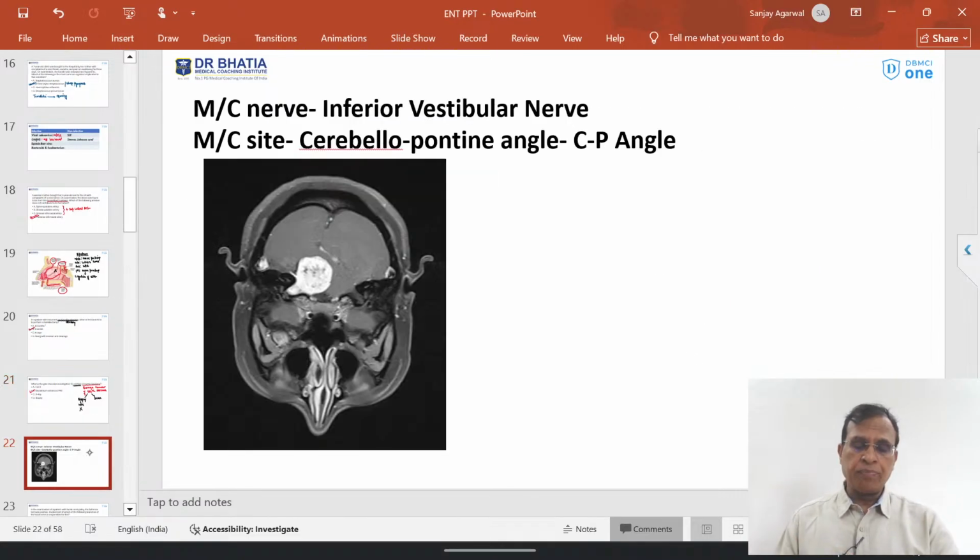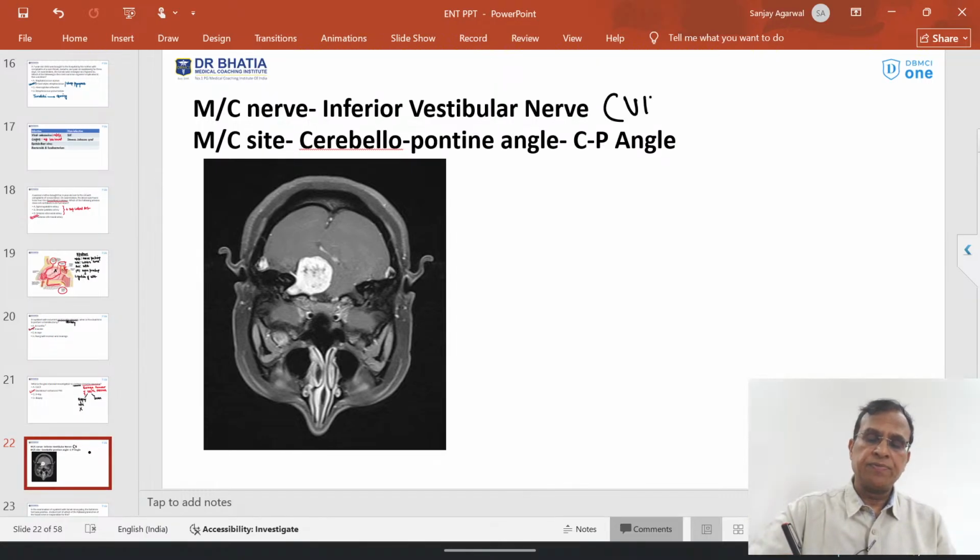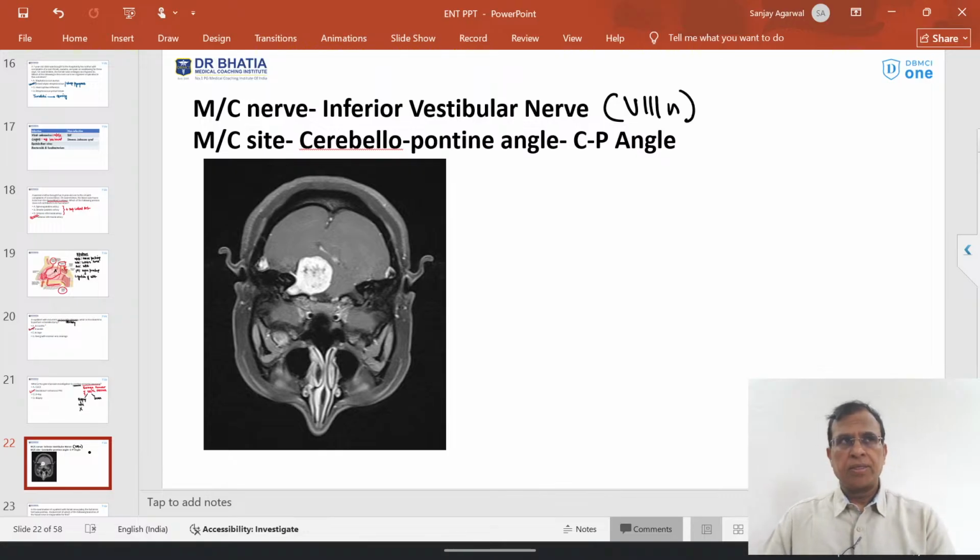Now, these are the other important points about acoustic neuroma. As you can see, most commonly it arises from the inferior vestibular nerve. Inferior vestibular nerve is a branch of 8th nerve. इसलिए इसको हम 8th nerve tumor बोल देते हैं. 8th nerve tumor is a broad information.